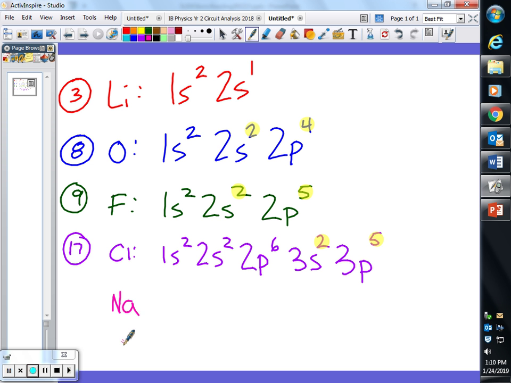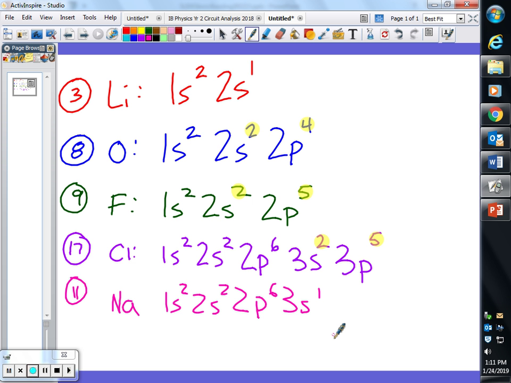Sodium. Sodium has 11 electrons total. There's the electron configuration for sodium. Okay? Hopefully I wouldn't have to draw it for you to answer this question, but how many valence electrons does sodium have? 1. It's in column 1, so you should be able to tell me that. Now, here's where things get a little different from what we've talked about.